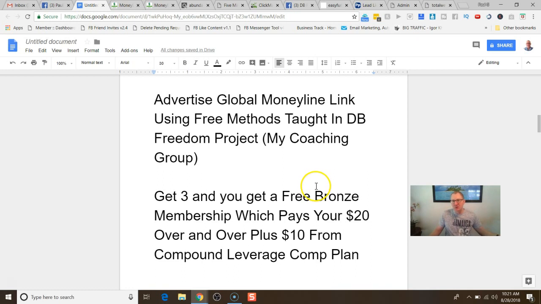If you can come up with the $20, collect some cans, ask somebody to borrow $20, whatever you've got to do to get that $20, then you only need to get two bronze sales, and you get the bronze for $20. You're qualified to start earning $20. If you don't have $20, then you just need to sell 3 of these for $20, and they're going to give it to you for free.